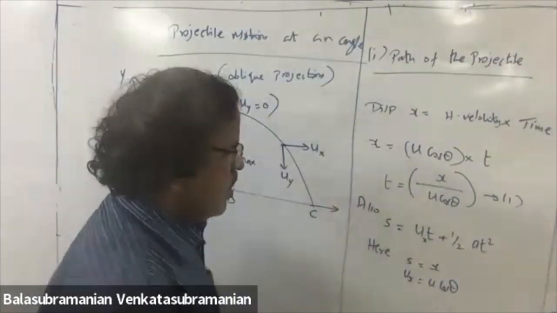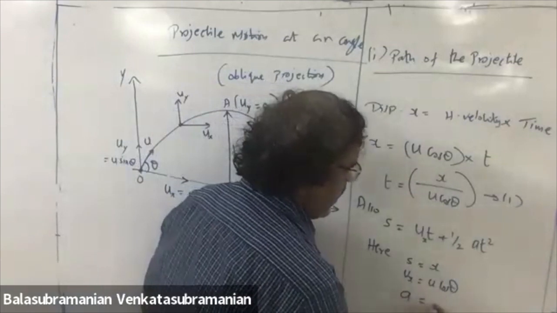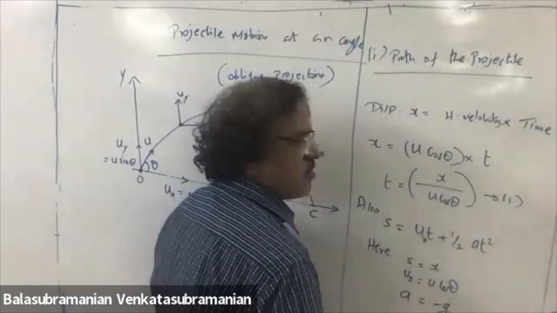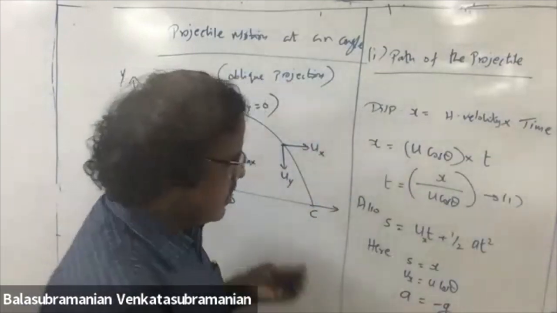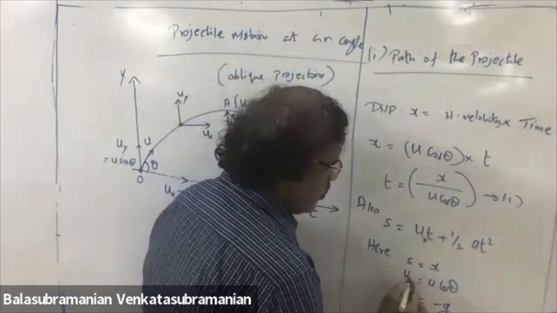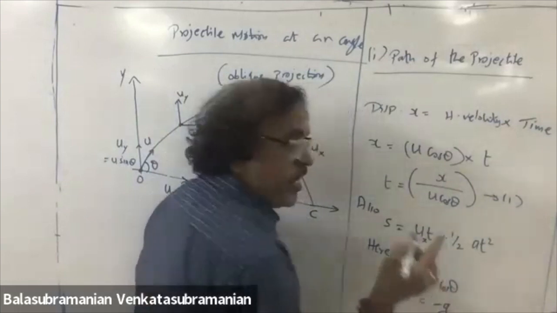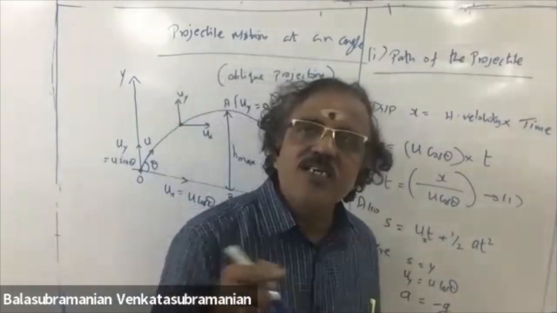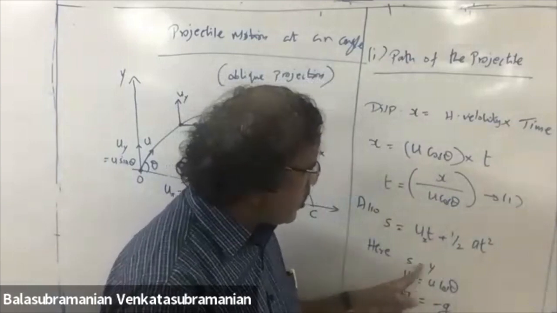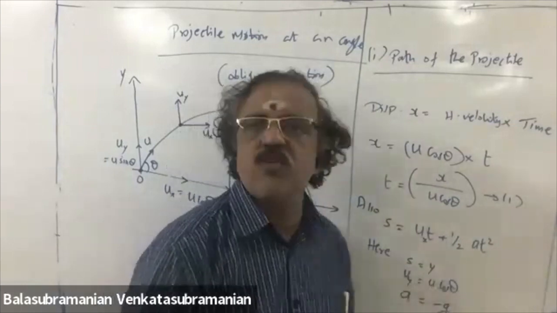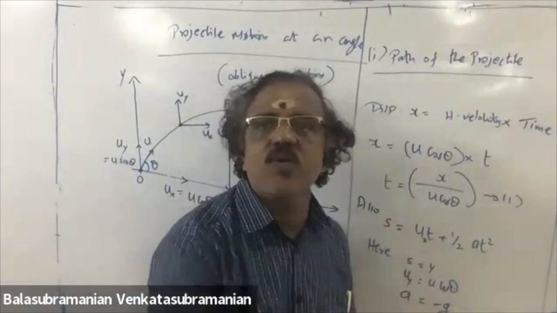A is replaced by minus g. There, it is not ux, it is uy. When you say along the x direction, you can write s is equal to x and ux is equal to u cos theta. This is for the vertical displacement.